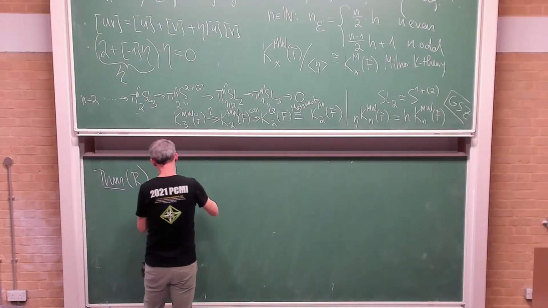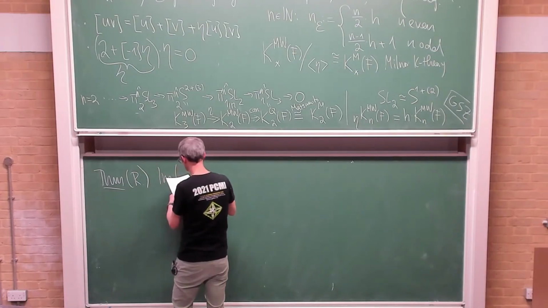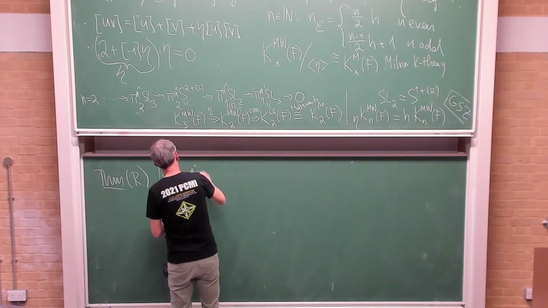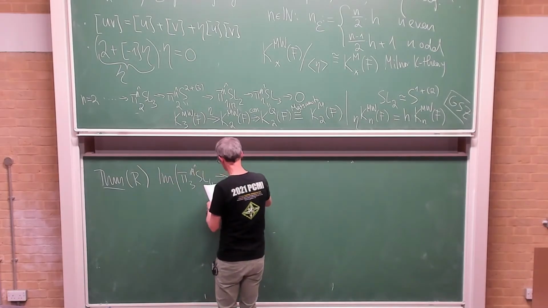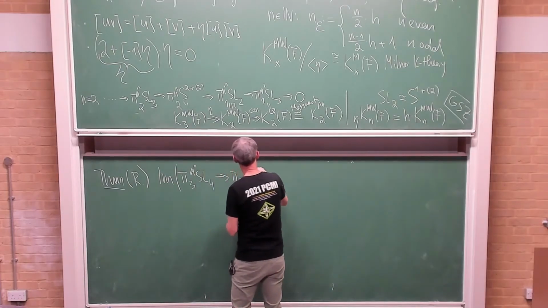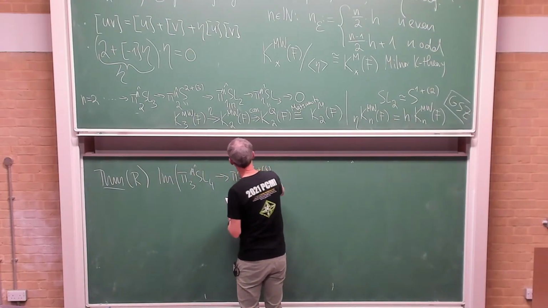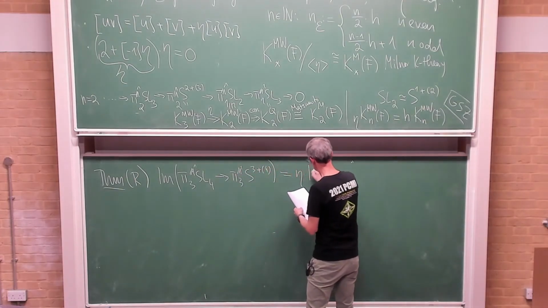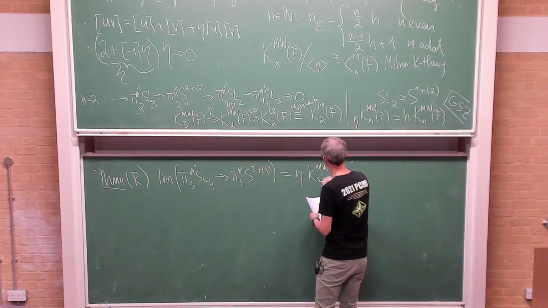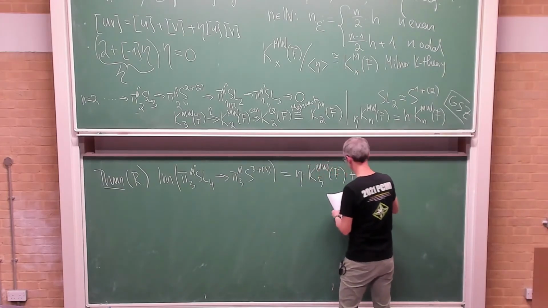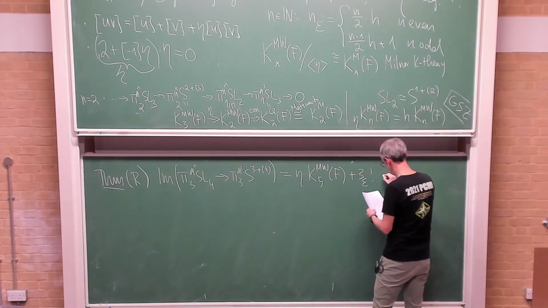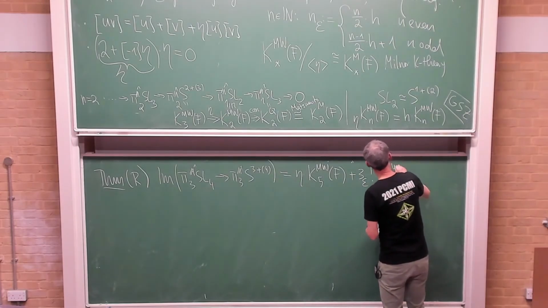And this is the next case, n equals 3. So the image of pi3 SL4 in pi3 S3 plus brackets 4. This here is eta times K Milnor-Witt 5 of F and a sum with 3 epsilon factorial times K Milnor-Witt 4.